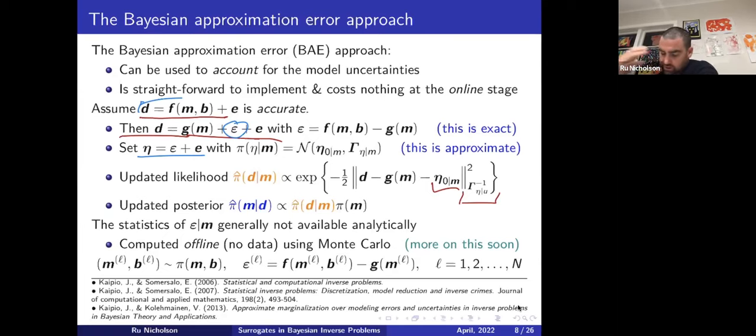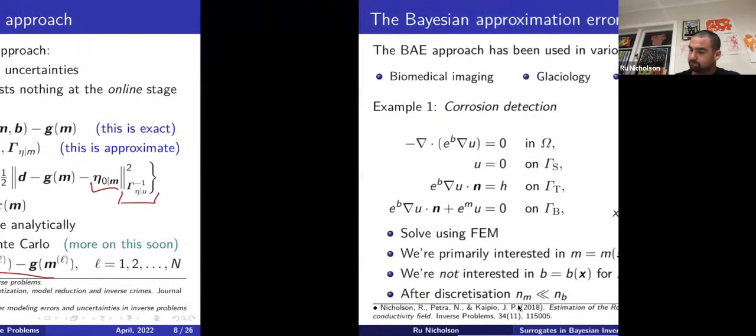We would just take an ensemble of samples from the joint prior and run those through the two models. So it's almost like a training phase. Then we have a whole bunch of samples of the approximation errors, and we can just use the sample statistics for the mean and the covariance.